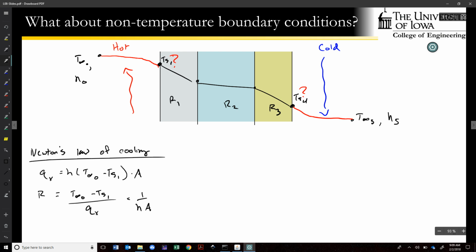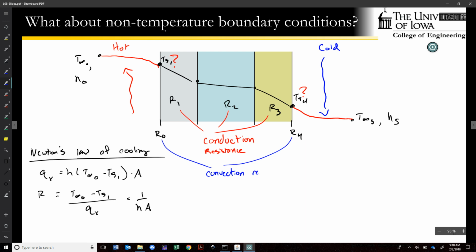Now we can include that at these boundaries we have some R0 and some R4, where these guys are all conduction resistance and these guys are convection resistance.